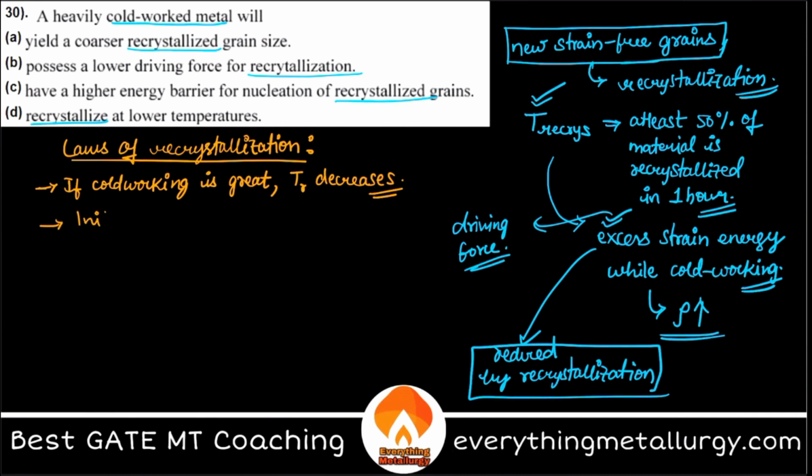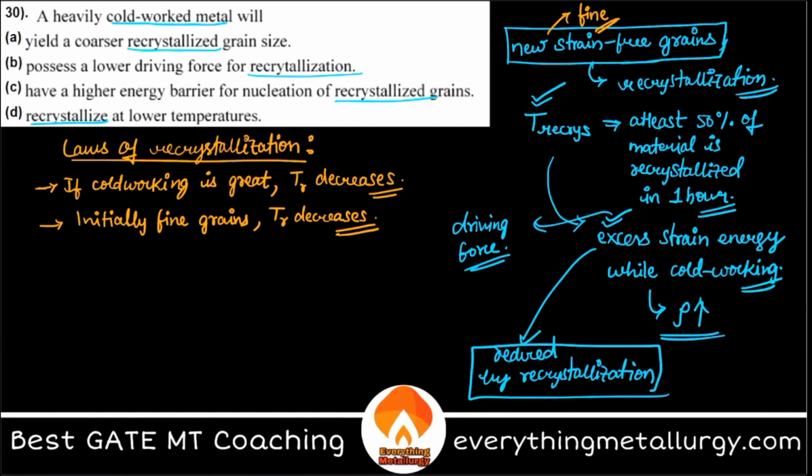If the initial grain size is fine, the TR will again come down, because we already have fine grains, so the grain boundary area is more, and it can act as a sink for these dislocations. Similarly, if you increase the amount of cold work as well as decrease the initial grain size, you can produce very fine strain free grains.